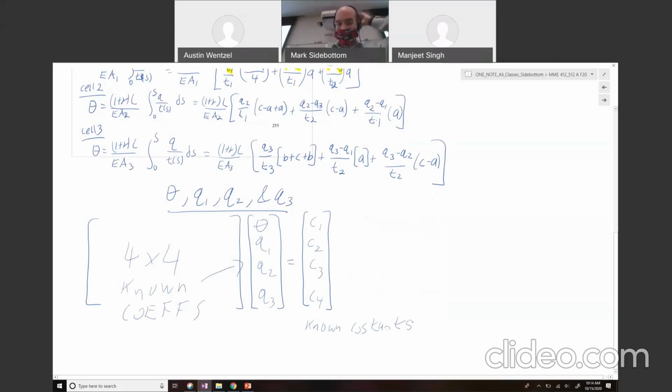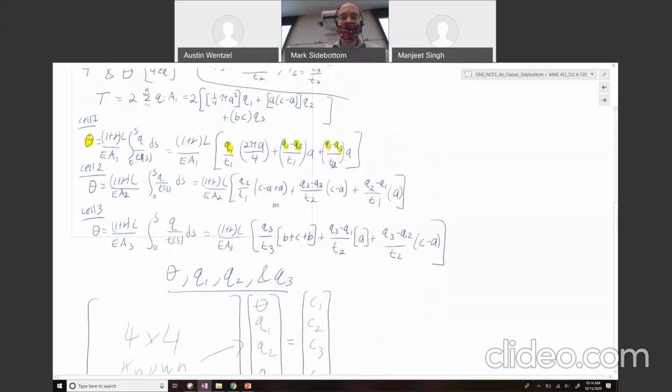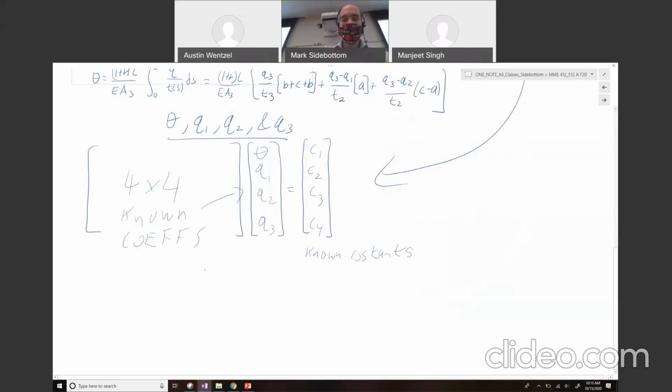So if you rearrange these four equations into here, all you have to do is take the inverse of this matrix, multiply it by your known constants, and you would get your unknowns.